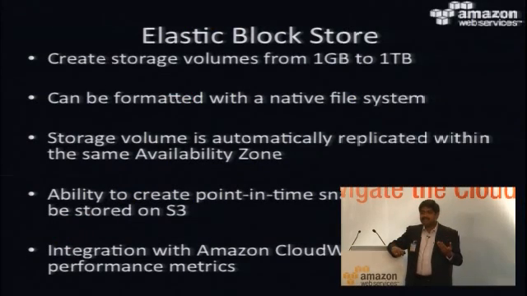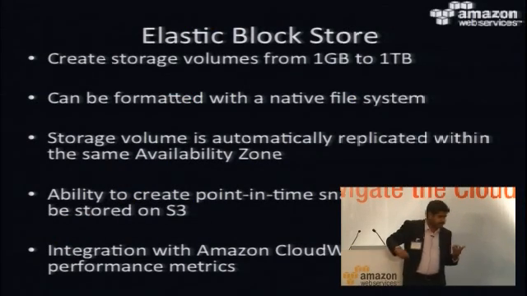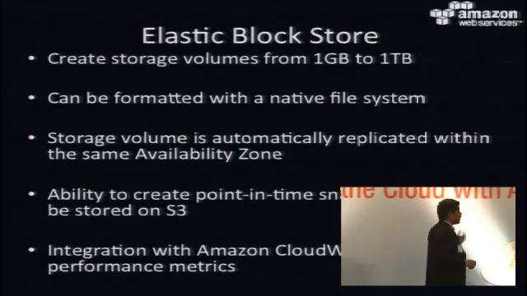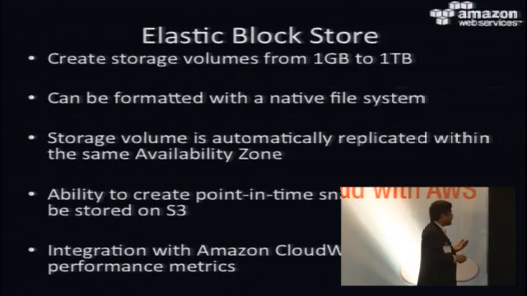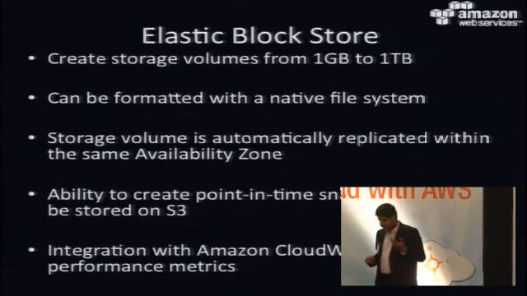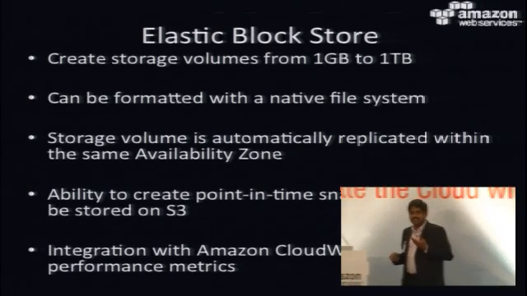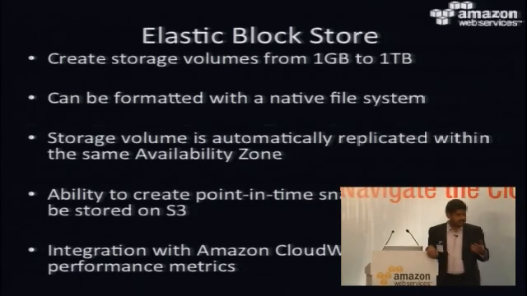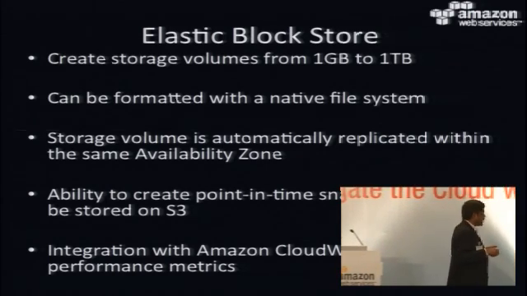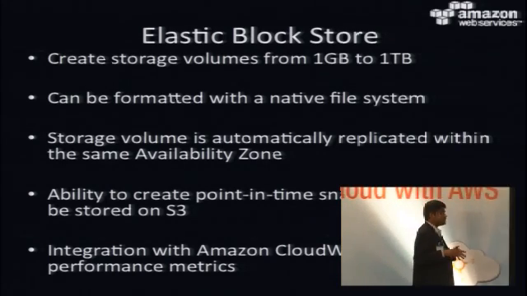Well, that's where the EBS comes in, Elastic Block Store, which can be created anywhere from 1 GB to 1 TB, can be formatted with a native file system, all the way from NTFS to ext3 or any other even encrypted file system of your choice. And it's automatically replicated within the same availability zone.